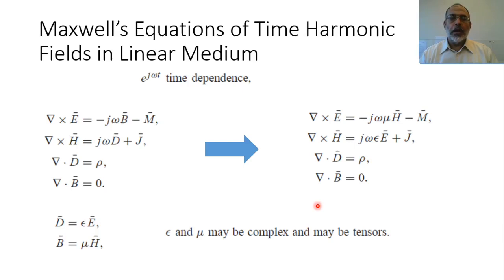So by applying the definition of the permittivity and permeability, we can represent Maxwell's equations in linear medium in time harmonic field as follows. In Maxwell's equations, the electric field is related to the magnetic flux density, and the magnetic field is related to the electric flux density.